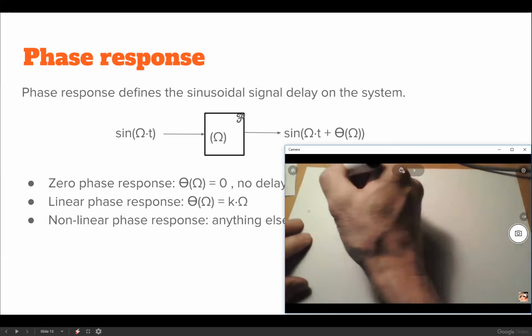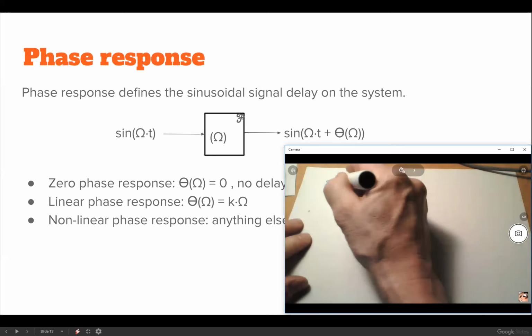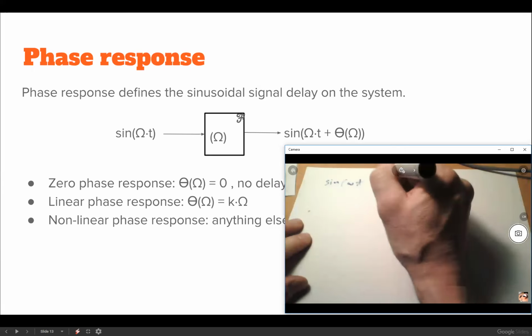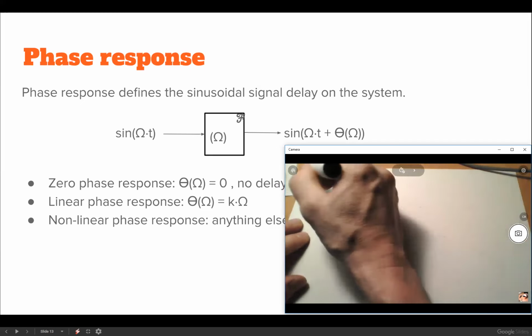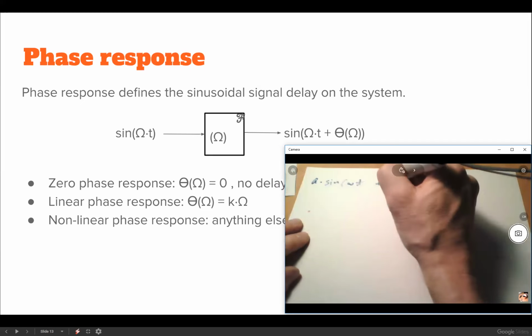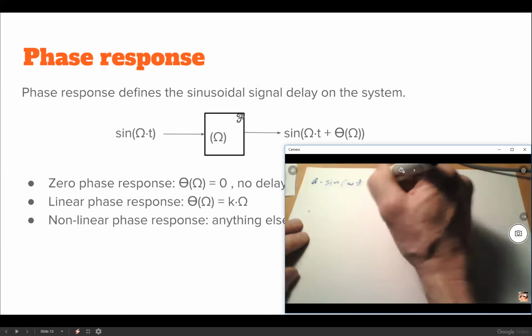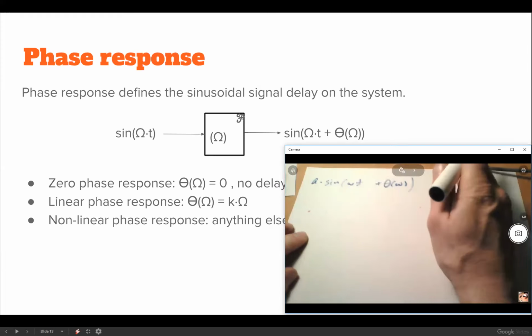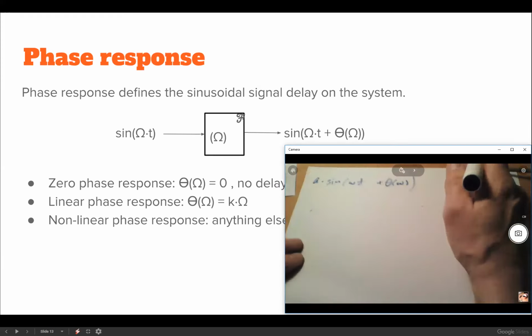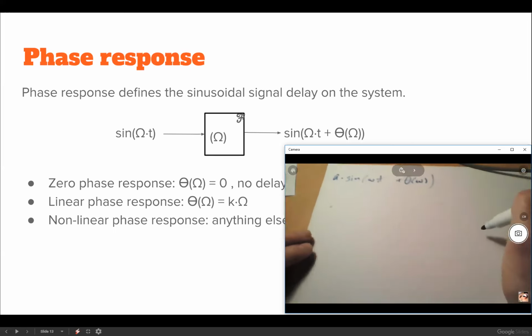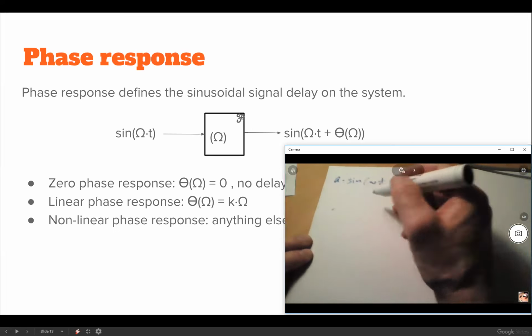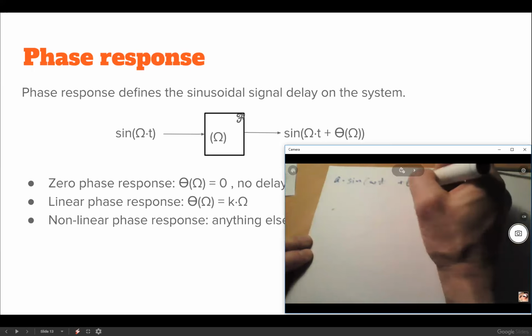So you have a sine of omega t plus, and of course you have some amplitude here, and then you have the phase response. This is now in continuous time, but anyways, it's still the same. Mathematics just changes the markings, nothing else.